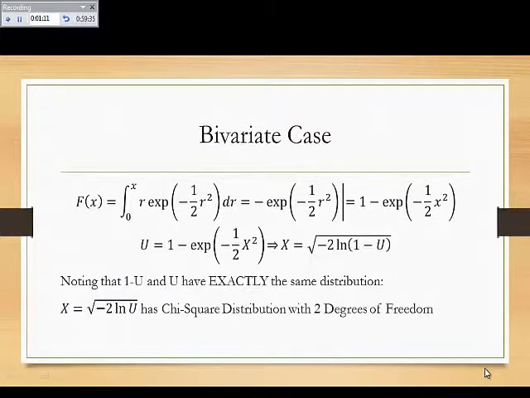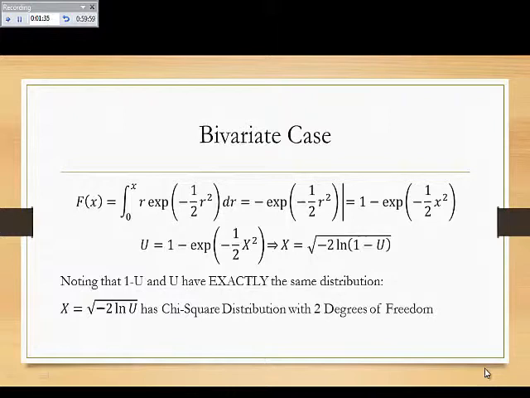So we evaluate this at the two limits 0 and x. At the top limit x, it's e to the minus 1/2 x squared. At the bottom limit 0, it's just 1. There is a minus sign, so this can be written as 1 minus e to the minus x squared over 2. So that's F of x.